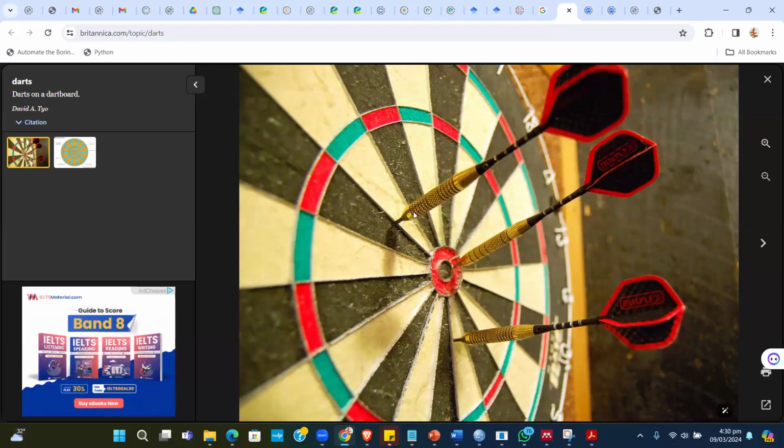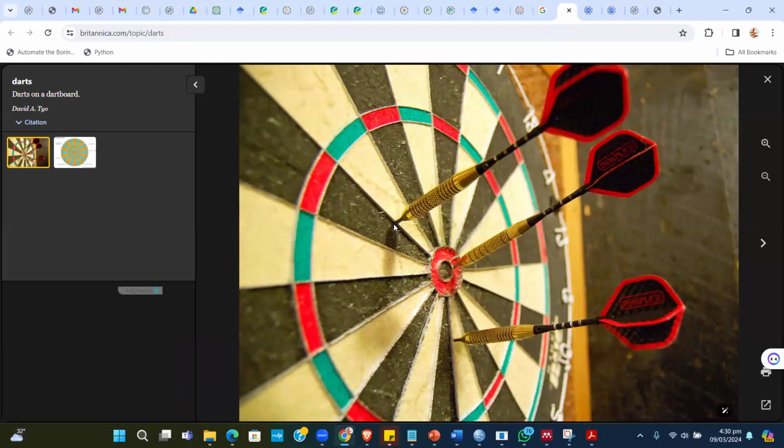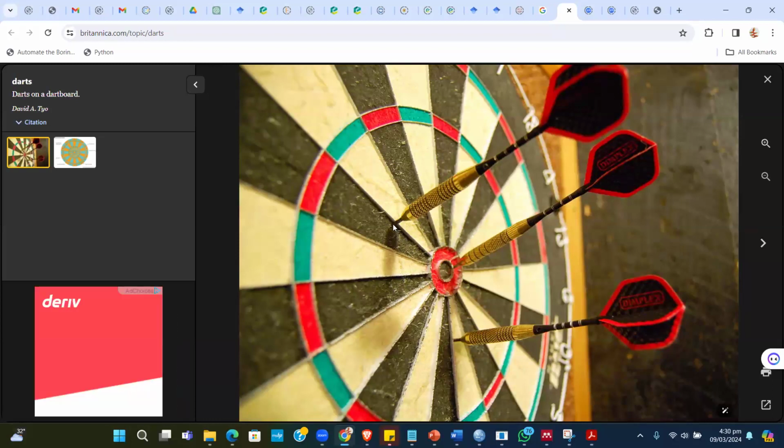For instance, where my cursor is pointing, that is the dart on the top here. You can consistently be hitting that point when you throw all your darts. When you do that, there is high consistency. There is high reliability, because all the time when you throw your dart, you hit the same or the exact location.